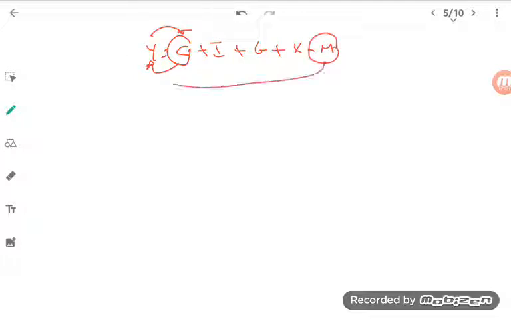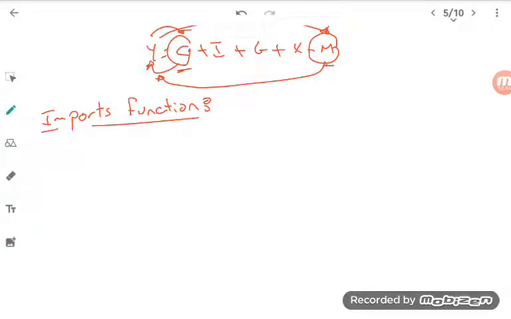From the beginning, we said that Y equals C plus I plus G plus X minus M, and we said that C will affect Y and will be affected by Y, and M will affect Y and will be affected by Y. So just like consumption, we would like to find the imports function. Imports, M, is a function of income, not disposable income.